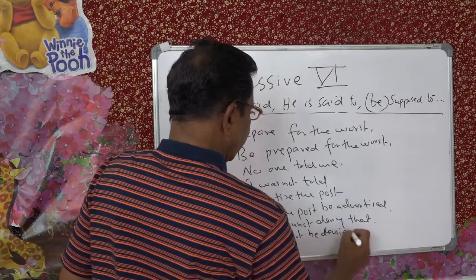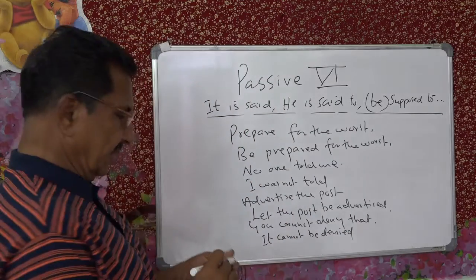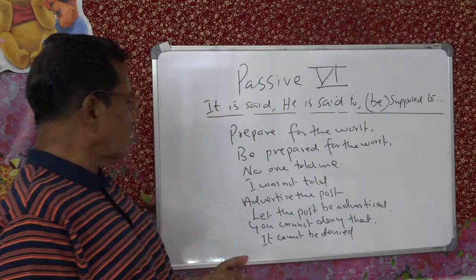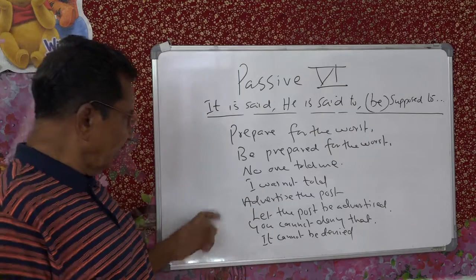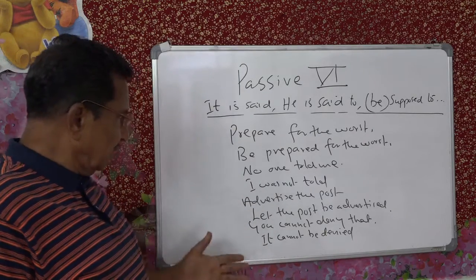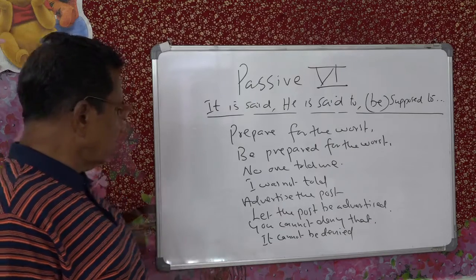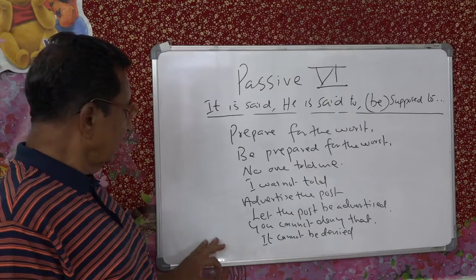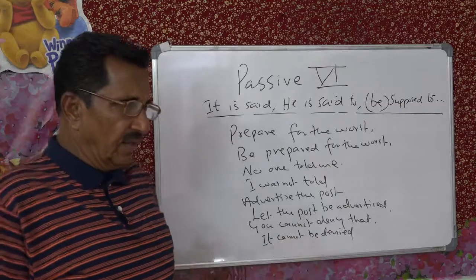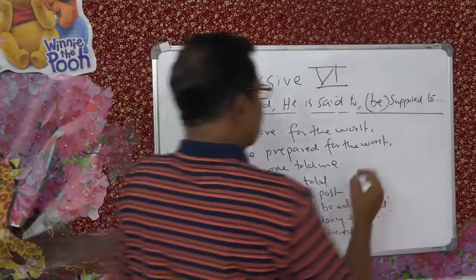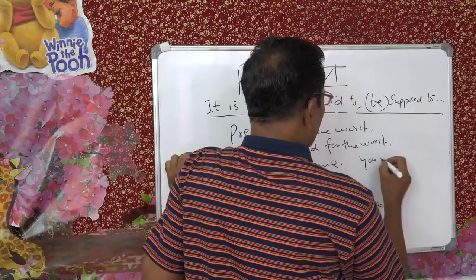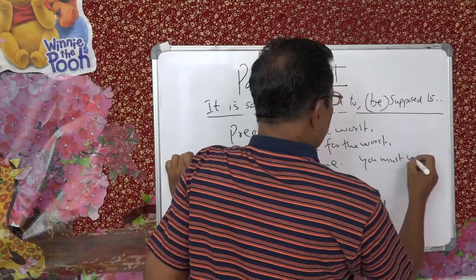Please take these special sentences, passives, because otherwise sometimes you may get: prepare for the best, be prepared for the best. No one told me, I was not told. Advertise the post, let the post be advertised. You cannot deny that, it cannot be denied. Like that, see? Then he said, you must understand.